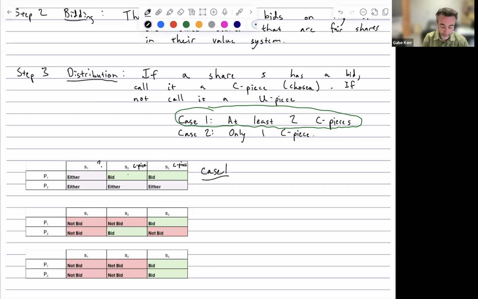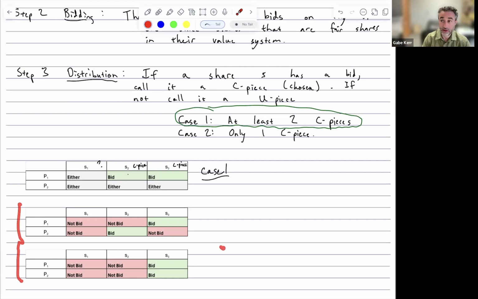for the first share. Okay, what about this second table here? Well, here, let's say all of the remaining choosers bid on less than two. Well, then they bid on one. And so there's two possibilities here if the choosers bid on exactly one share.